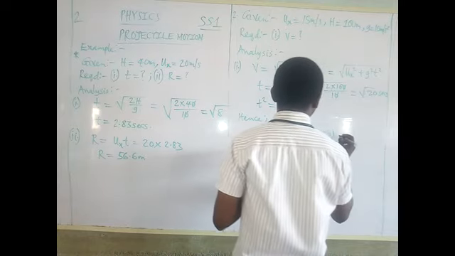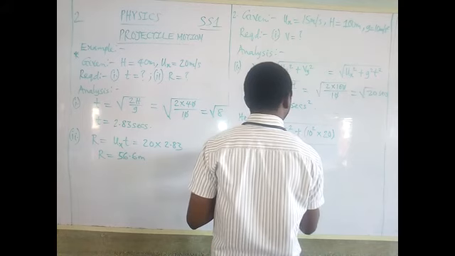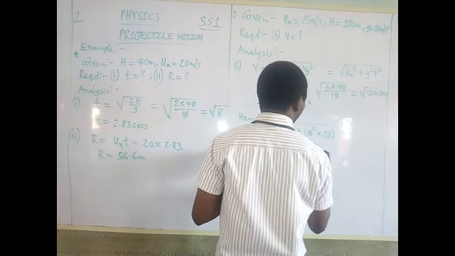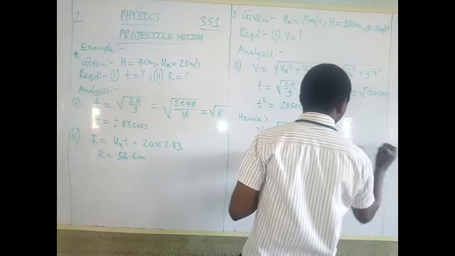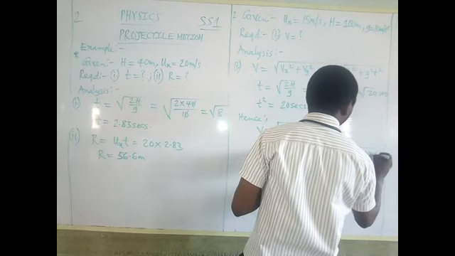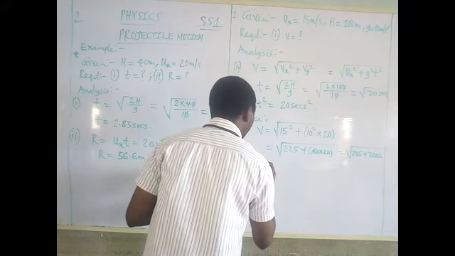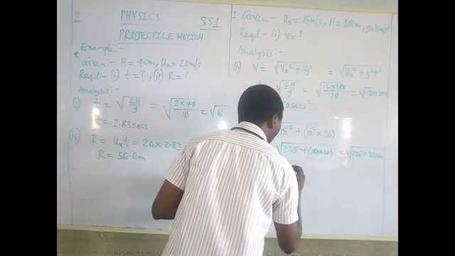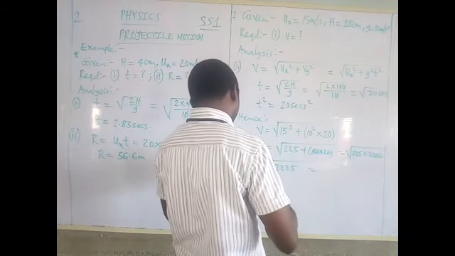Take note of that. And that will give us square root of 15 square is 225 plus 10 square is 100, 100 times 20. That will give us square root of 225 plus 2000. Take note. And then v will be square root of 2225.